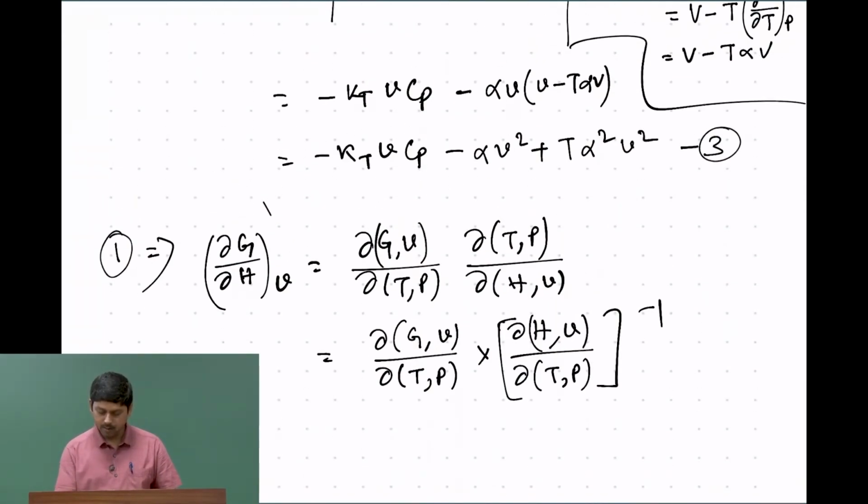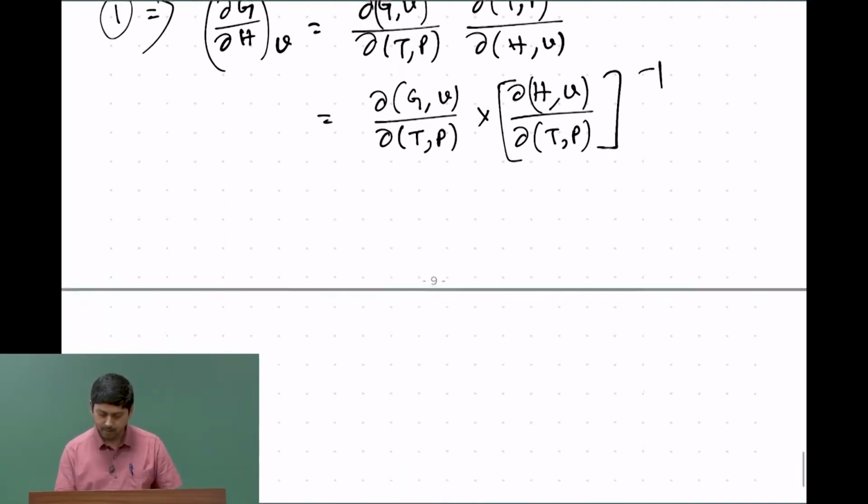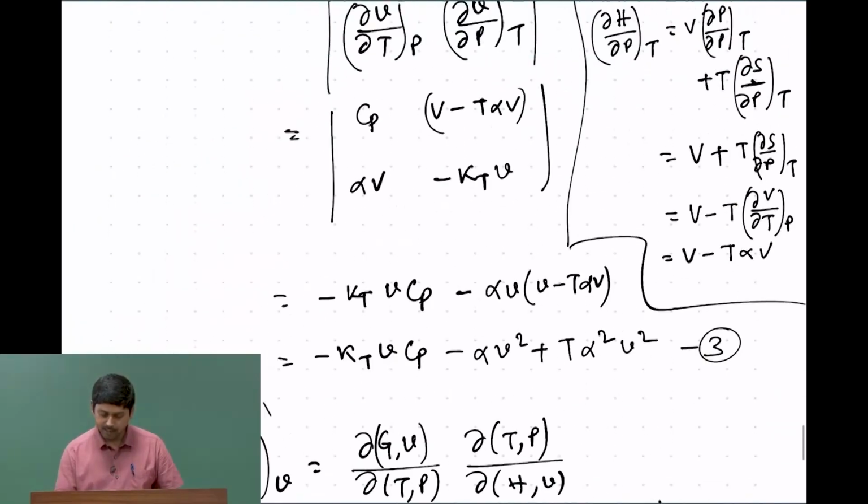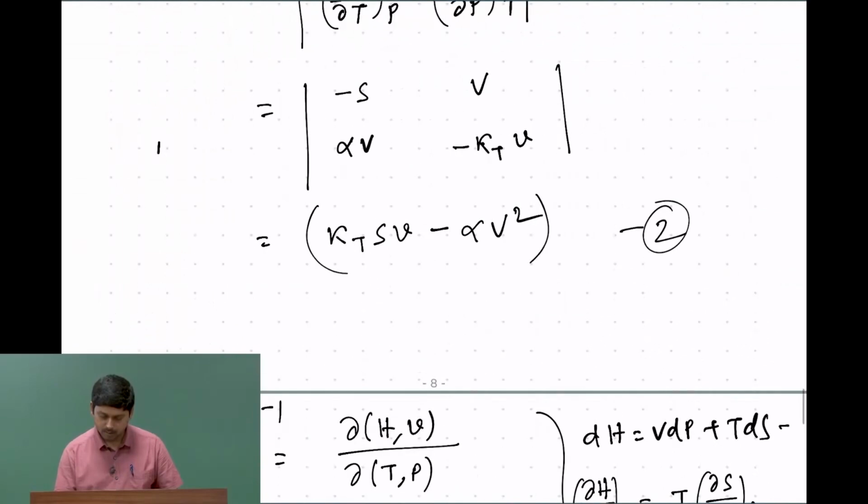Now we write from equations 2 and 3: del g v by del T p, we got kappa T S v minus alpha v square.